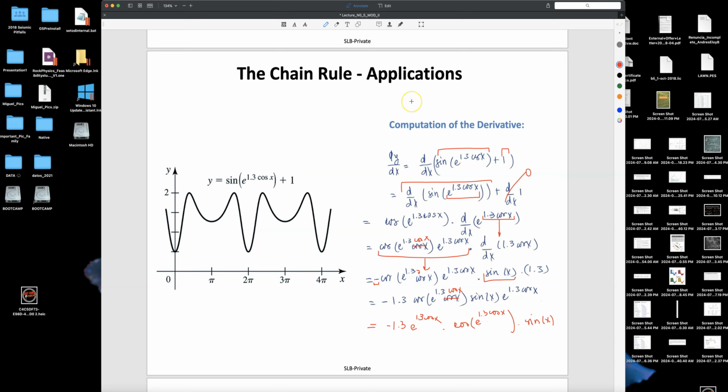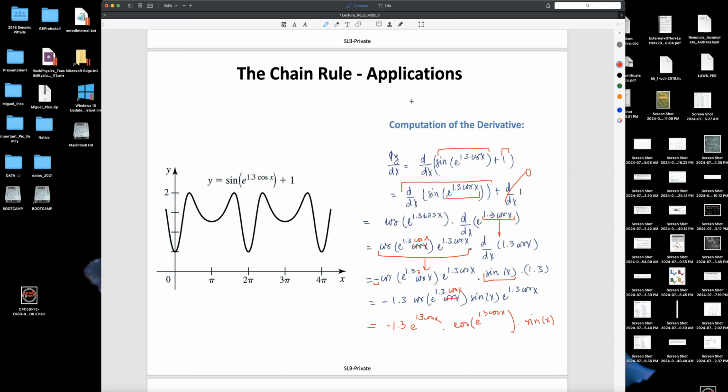Okay, well, that is the chain rule. And it is one of the last bullet points that we have for the techniques to compute the derivatives.